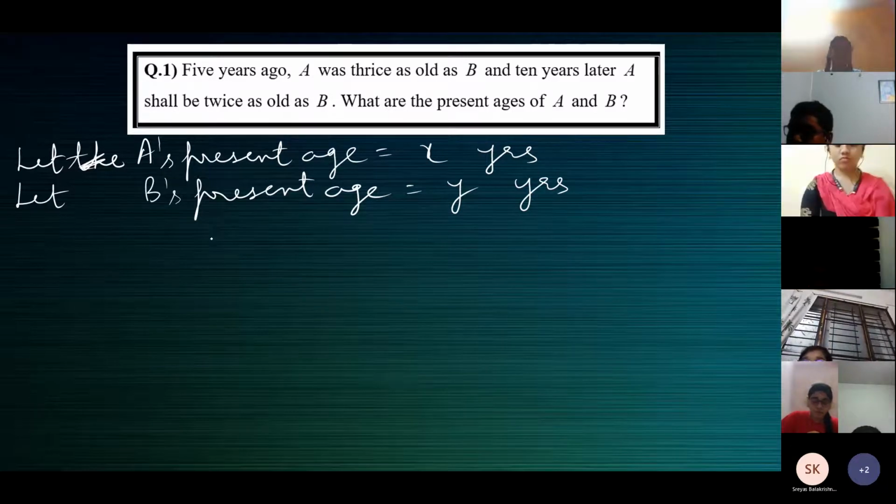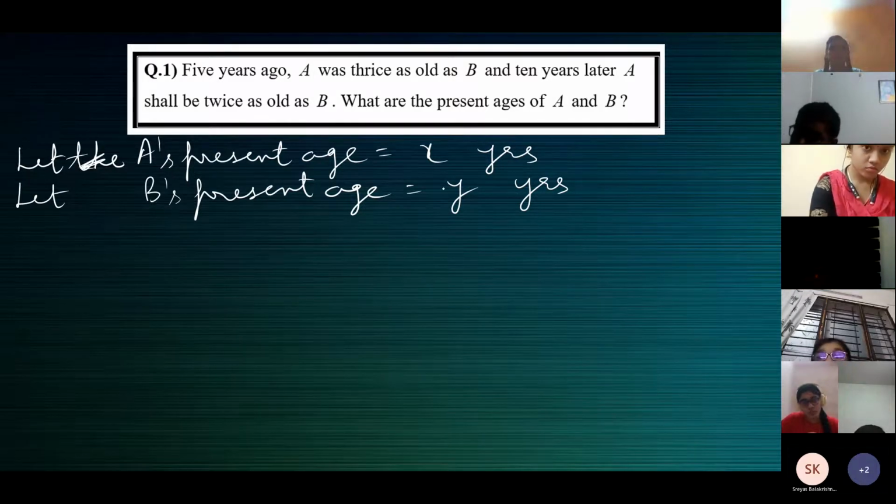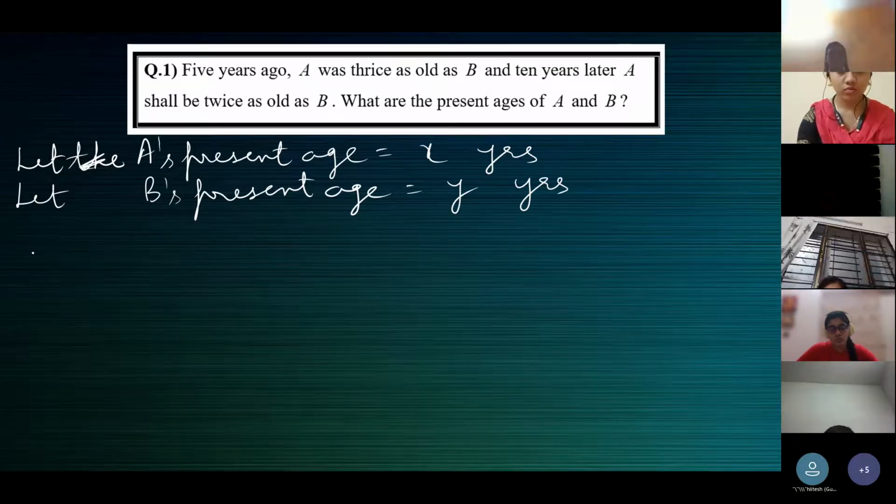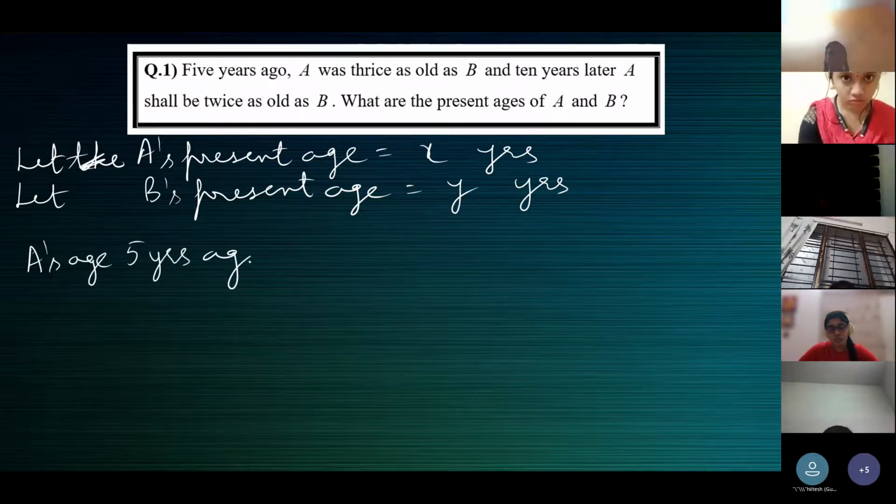Now go back to the question. 5 years ago. Okay, so now before we continue reading, I just read 5 years ago, and I don't want to read ahead. First, I read the question fully. So I understand that we have to find the ages of A and B. Now we assumed let the age of A be X and B be Y. So we have to read the question again to frame the equations. Now, when we go back to the question, 5 years ago, don't proceed. Stop there. 5 years ago, that means A's age 5 years ago would have been X minus 5 years.